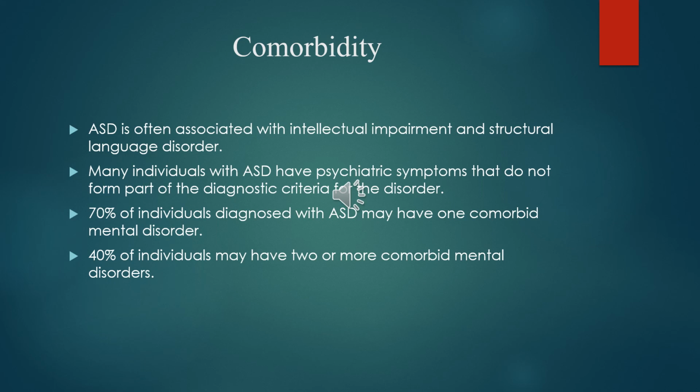Many individuals with ASD have psychiatric symptoms that do not form part of the diagnostic criteria for the disorder. 70% of individuals diagnosed with ASD may have one comorbid mental disorder. 40% of individuals may have two or more comorbid disorders.